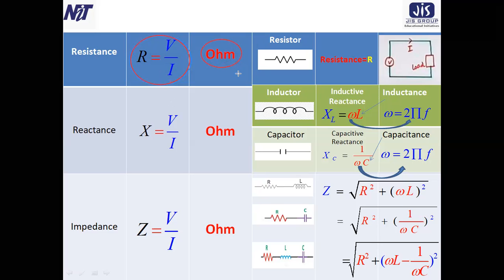This is the symbol of the resistor, and resistance is represented with capital R or sometimes small r.